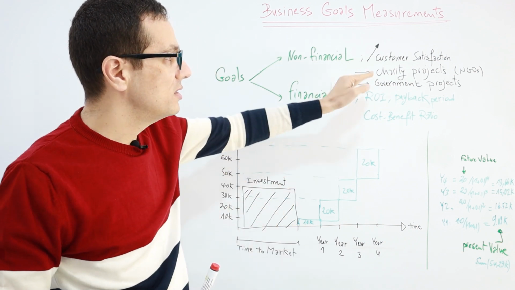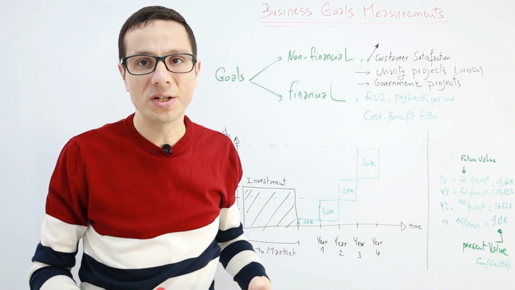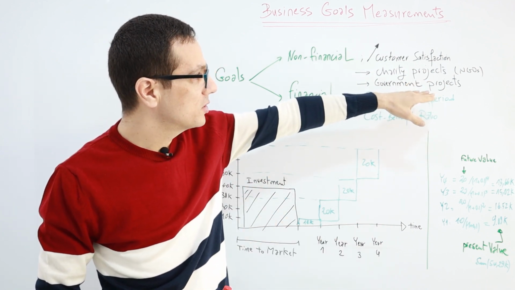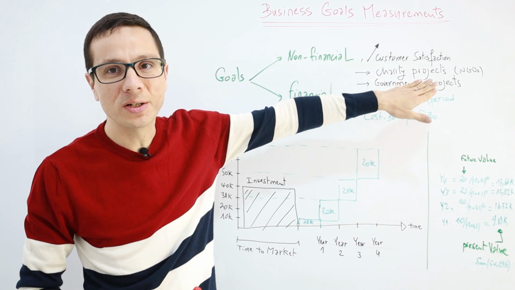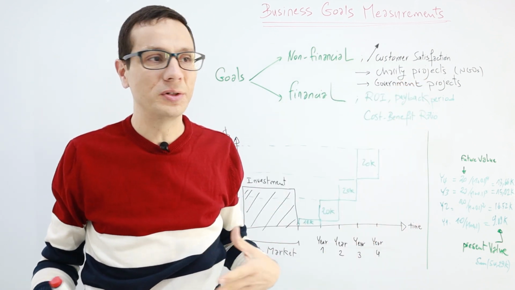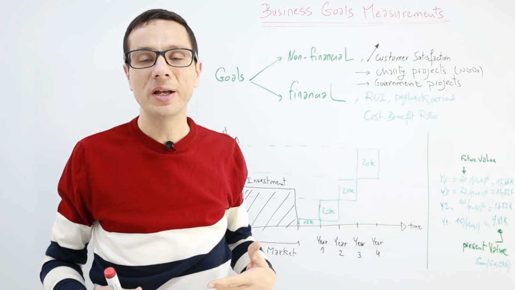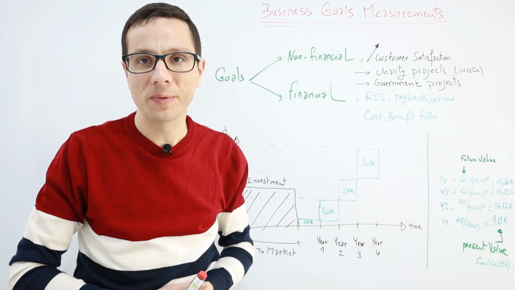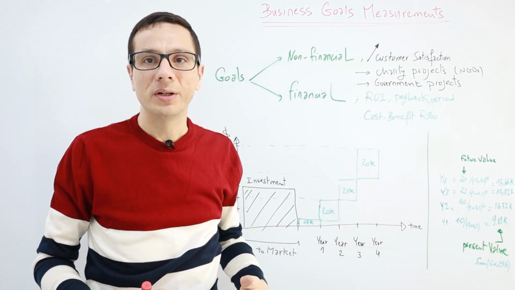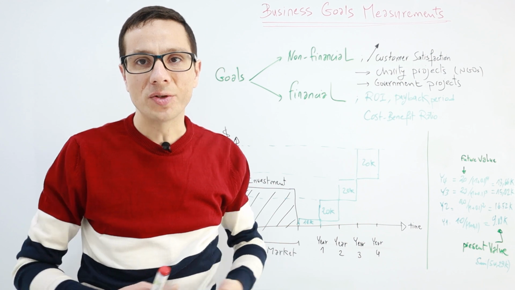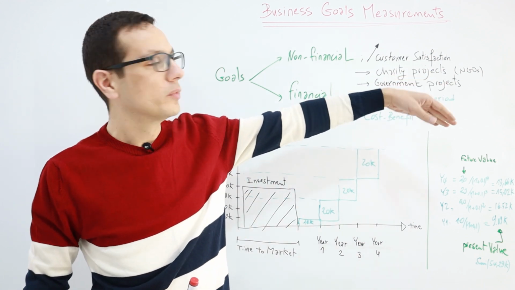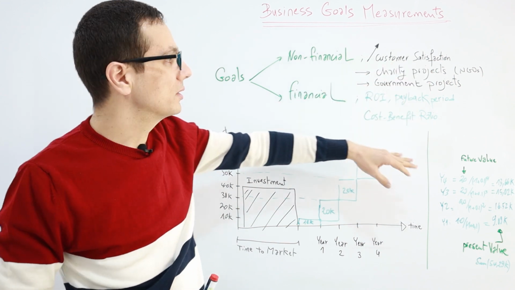Another example is the charity projects and the projects led by NGOs, non-governmental organizations. These types of projects usually have impact as objectives. For example, the charity could have the number of impacted families, or the number of people who are aware of certain situations such as the environment, global warming and stuff like that.